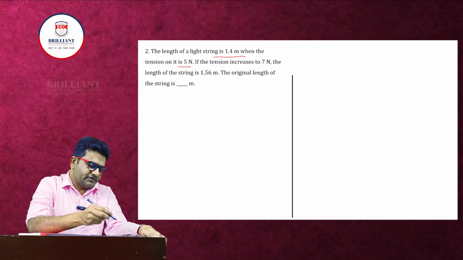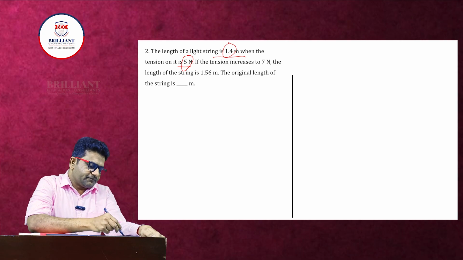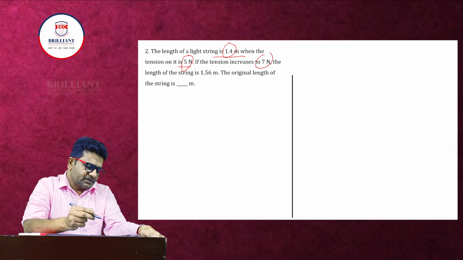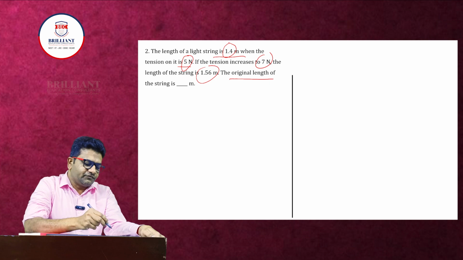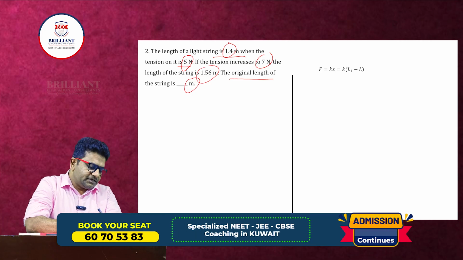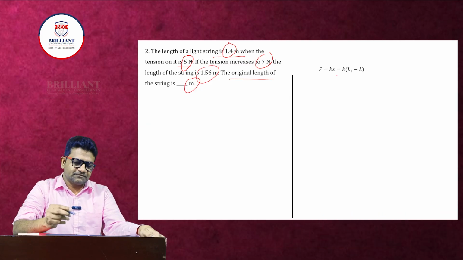So in the question it is given that the length is 1.4 when the tension is 5, and when the tension increases to 7 Newton, the length of the string is 1.56. We have to find out the original length of the string in meter.